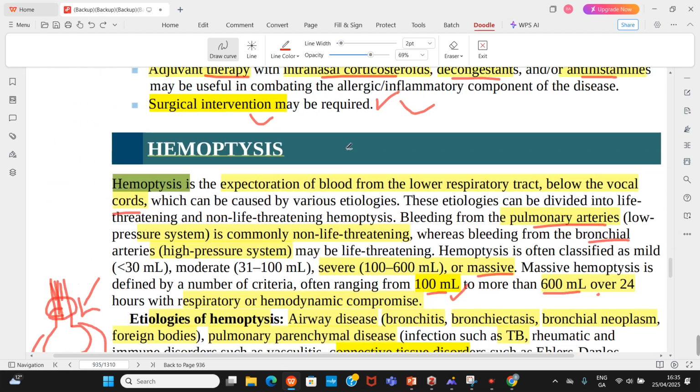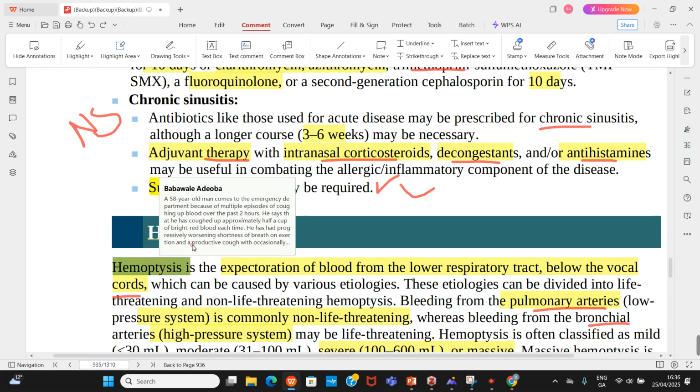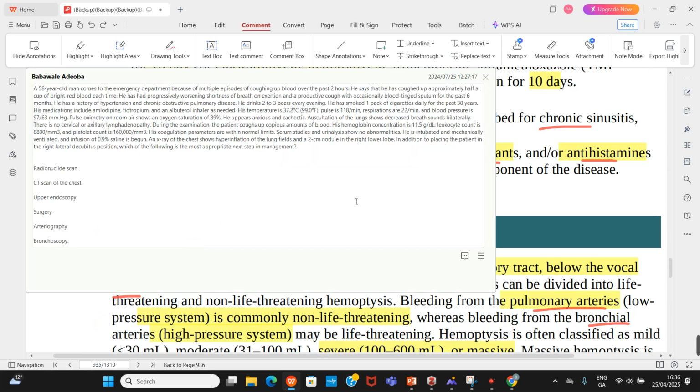Let me see if I have any question here. Yeah, I think I have one question. A 58-year-old man comes to the emergency department because of multiple episodes of coughing blood for the past 2 hours.